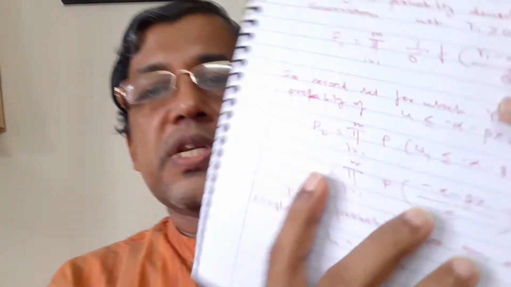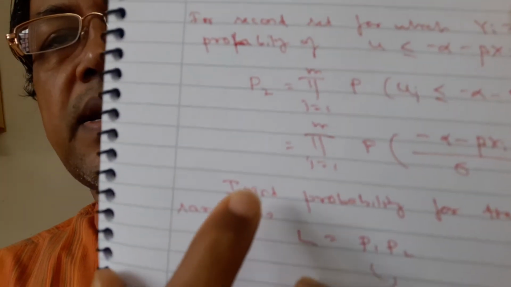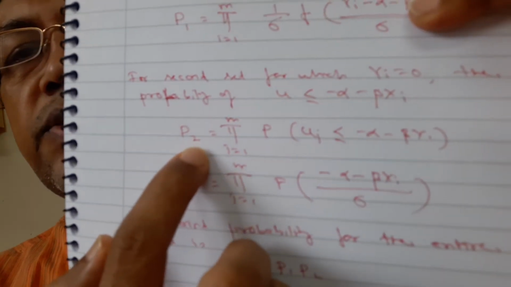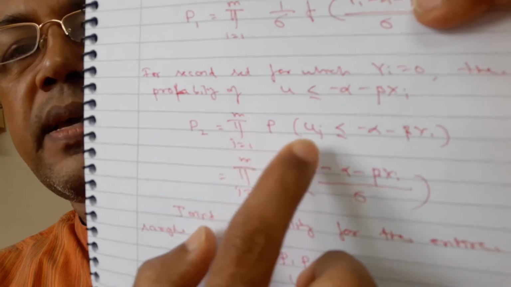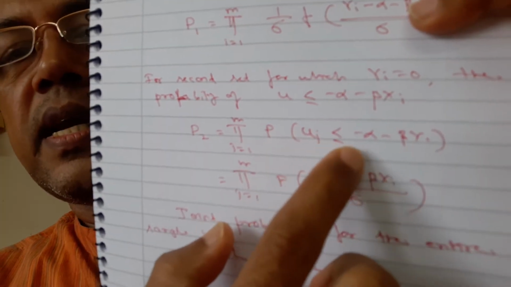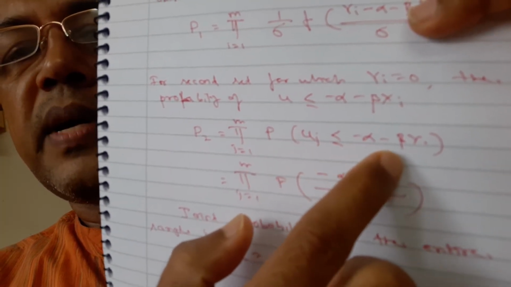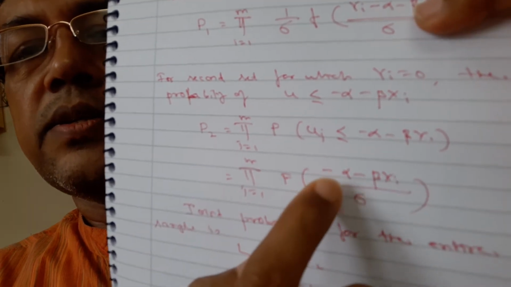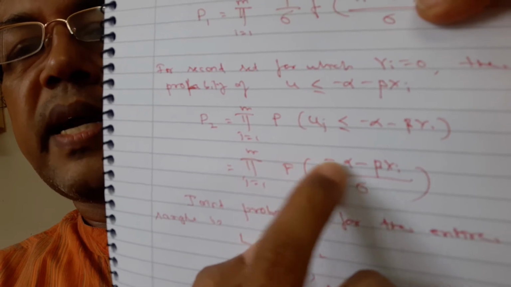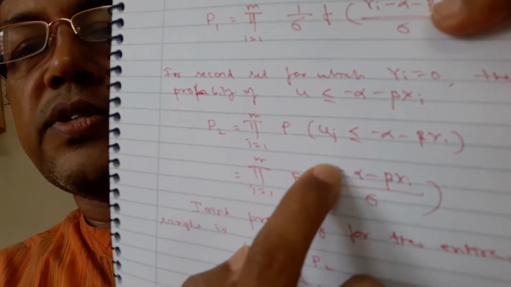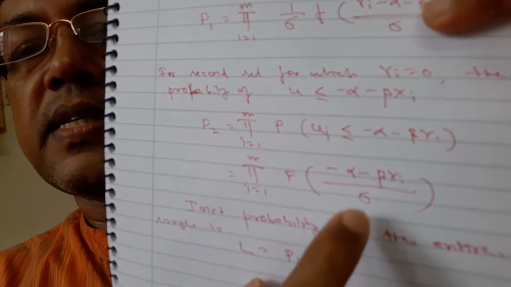For those households we can define their joint probability density function this way. So P2 is a product of P, where ui is less than or equal to minus alpha minus beta xi. We can observe this from here: y minus that u, right? The y value is 0, so it is minus alpha minus beta xi, and sigma in the denominator.